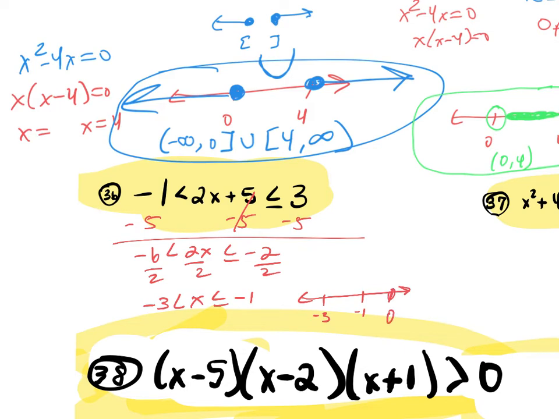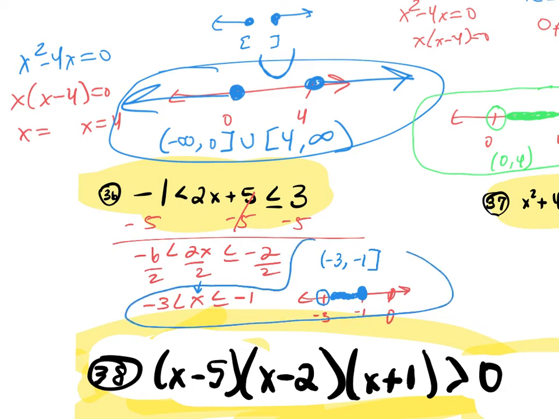What kind of dots do I have at negative 3 and negative 1? Good. Open at negative 3 and closed at negative 1. Very good. And where am I going to color? In between, because x is in the middle. So your interval notation would be from negative 3 with an open parenthesis to negative 1, and that would have a bracket. And there is our answer.